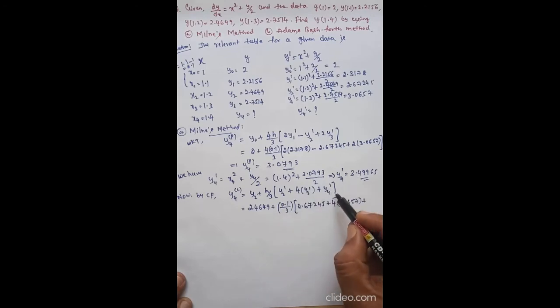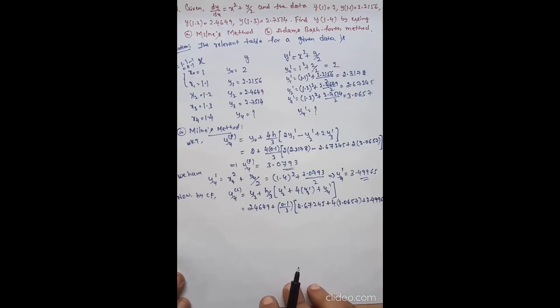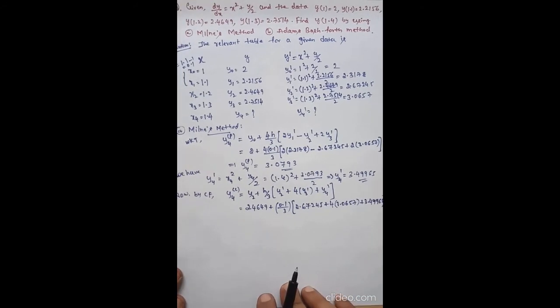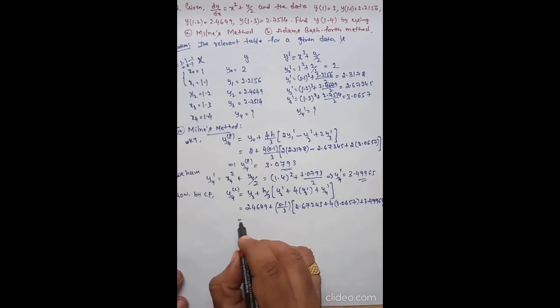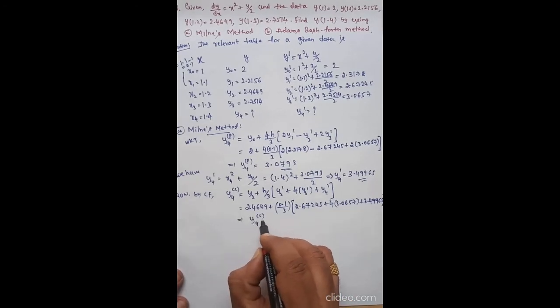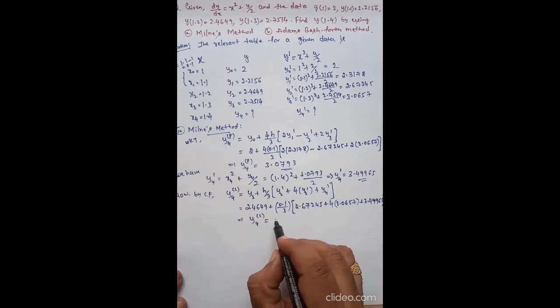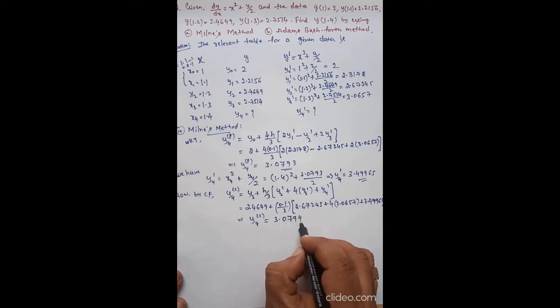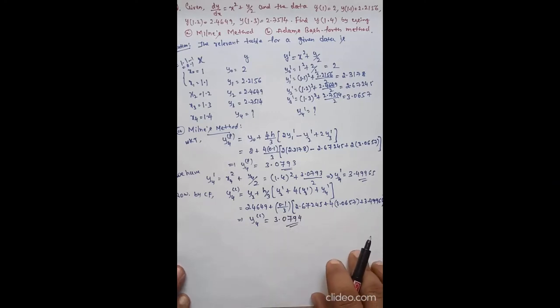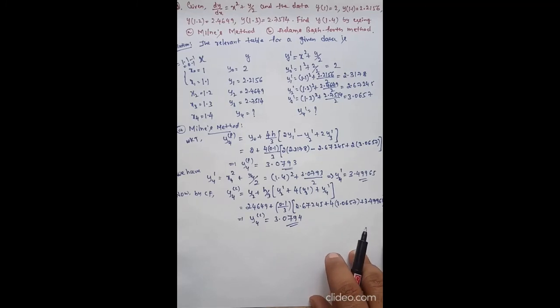We have calculated here, 3.49965. So simplify this. We get the corrector value y4 power c. Use your calculator and simplify, you get 3.0794. So this is the corrected value.